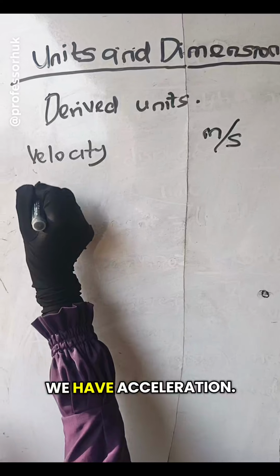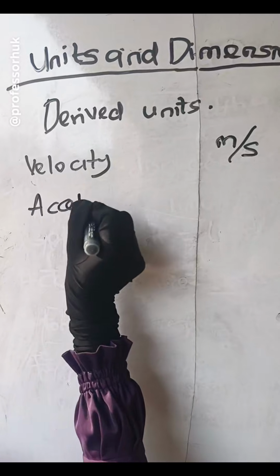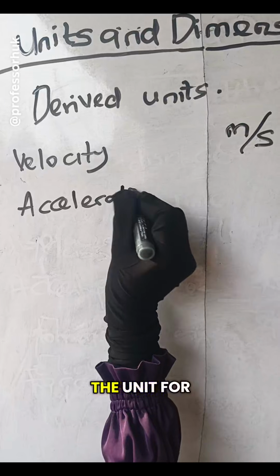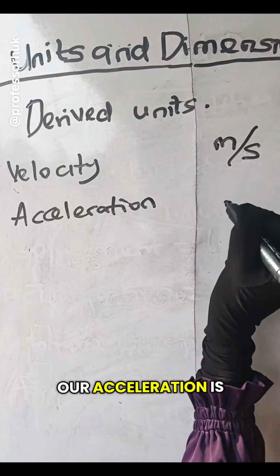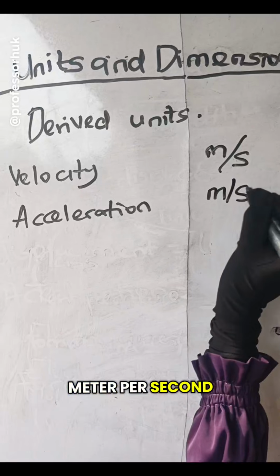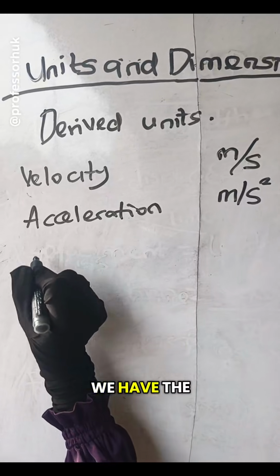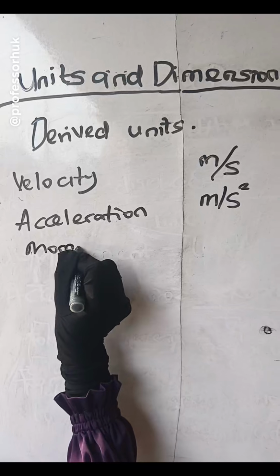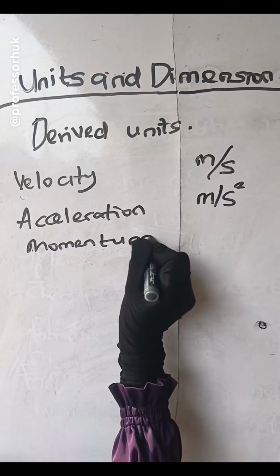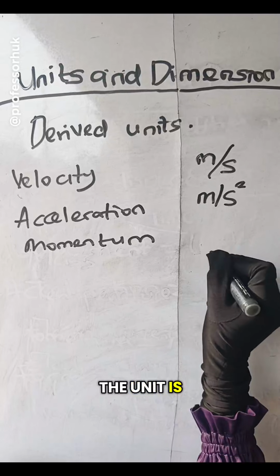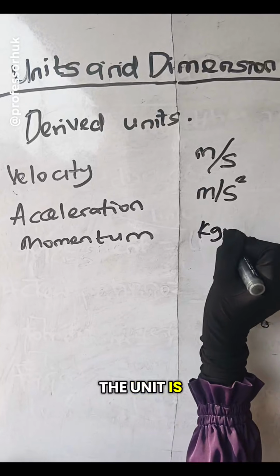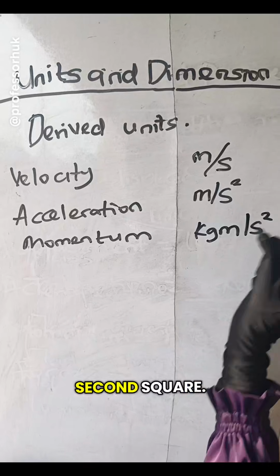We have acceleration. The unit for our acceleration is meter per second square. We have the momentum. The unit is kilogram meter per second.